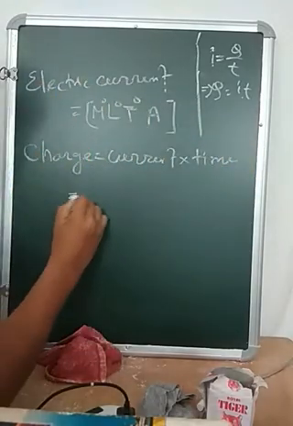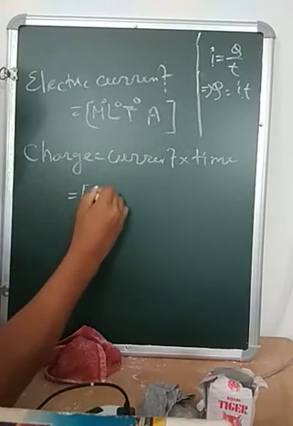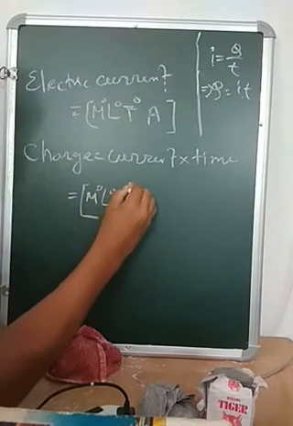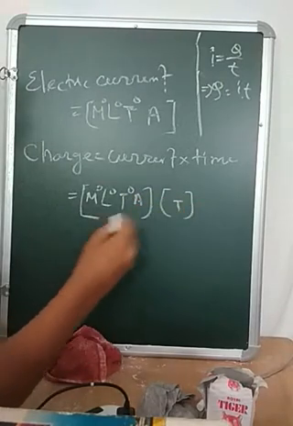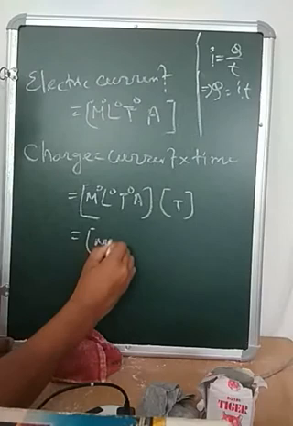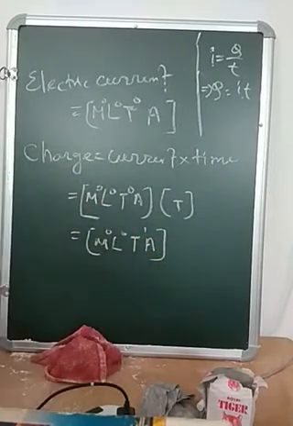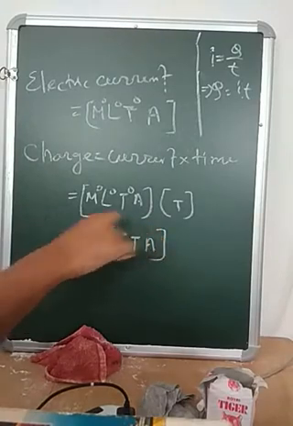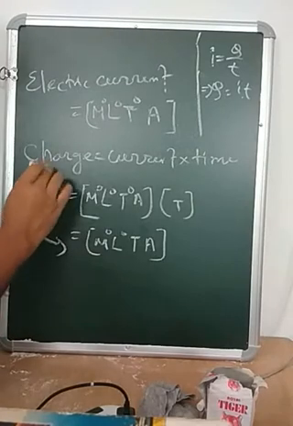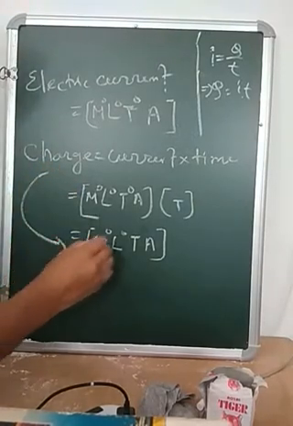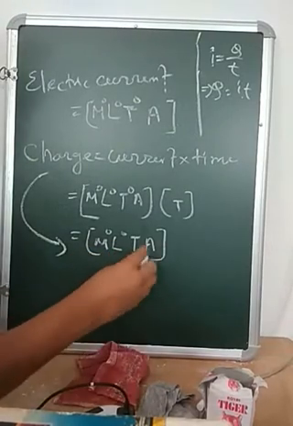What is the dimensional formula for electric current? M 0, L 0, T to the power 0 into A, and for time it is simply T. Multiply this, and what will it be? M 0, L 0, T 1, A. So this is the dimensional formula for charge: T into A, T is time, A is ampere current.